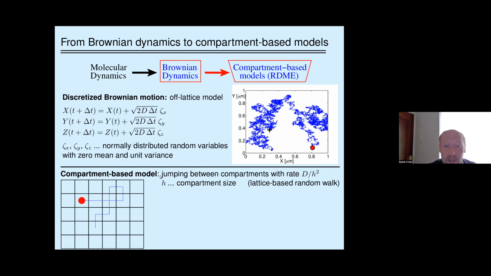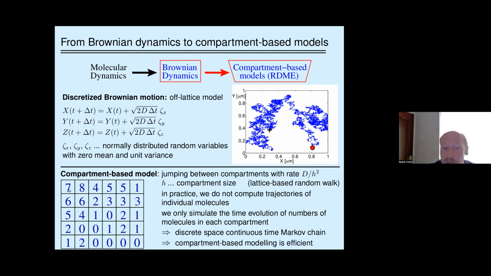But the big advantage of compartments is that I'm not simulating individual molecules. I simulate the system in terms of numbers of molecules in each compartment. So in this state, there are 7 molecules, here 8 molecules, 4 molecules. I only evolve these numbers. I don't evolve individual molecules, so we do not compute trajectories.